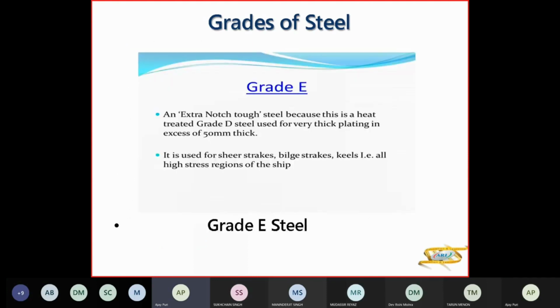So this is extra notch tough steel, that is heat treated D grade steel for very thick plating in excess of 50 mm. This is used for areas which have very high stress, like your sheer strake, bilge strake, and keels. These are at the maximum distance from the neutral axis.